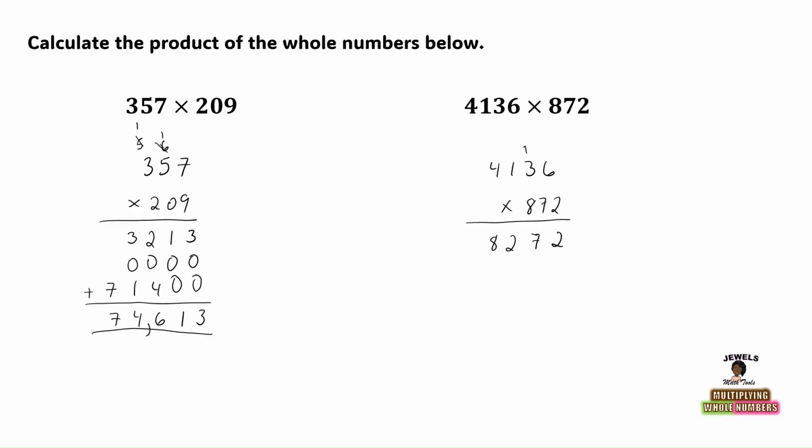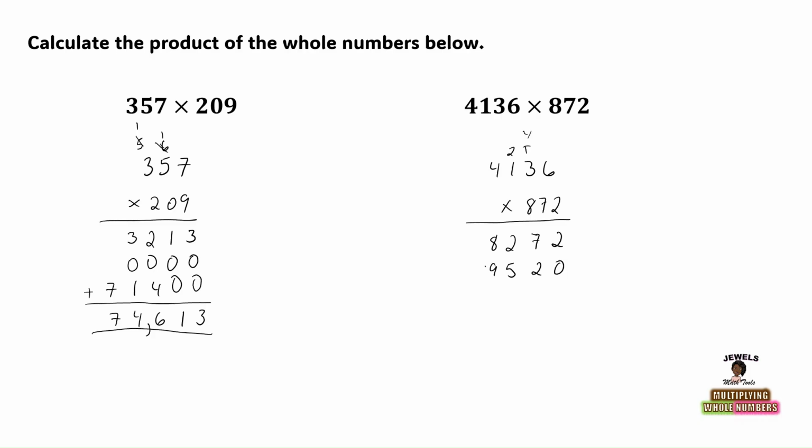We're going to now add in our 0 and begin multiplying by our 7 in the tens column. 7 times 6 is 42. We write our 2, carry the 4. 7 times 3 is 21. 21 plus 4 is 25. Writing in our 5 and carrying the 2 to the next column. 7 times 1 is 7, plus 2 is equal to 9.